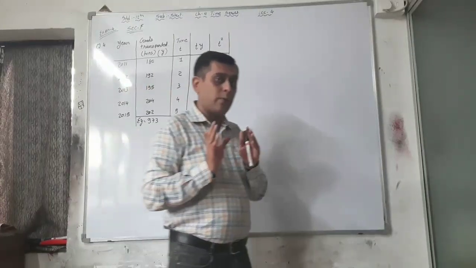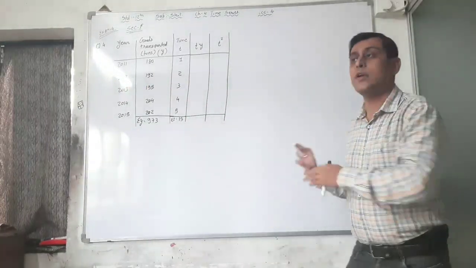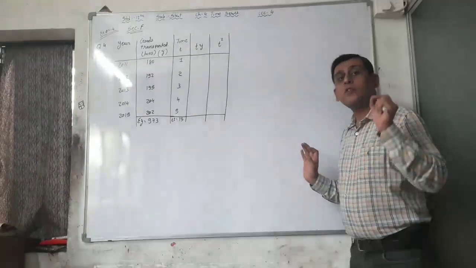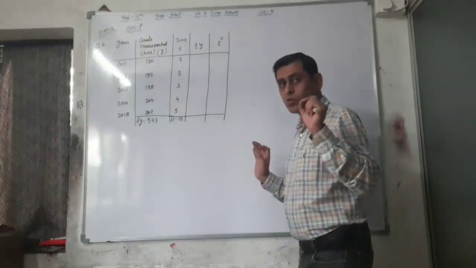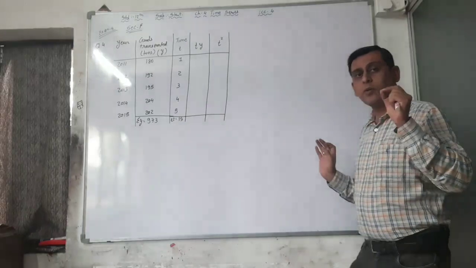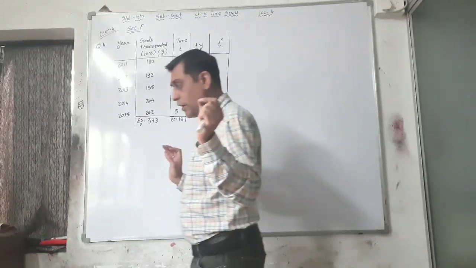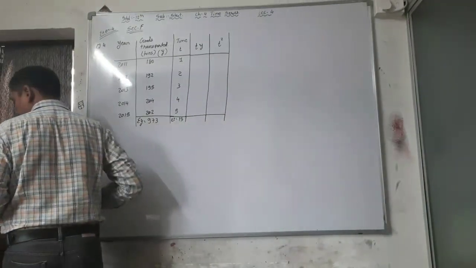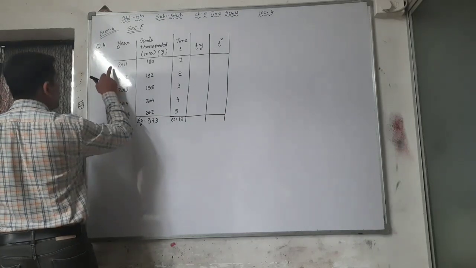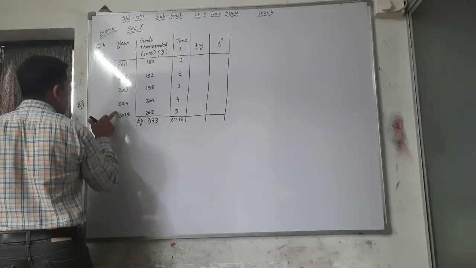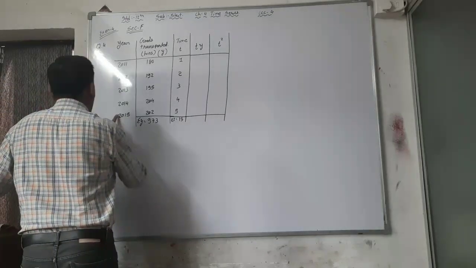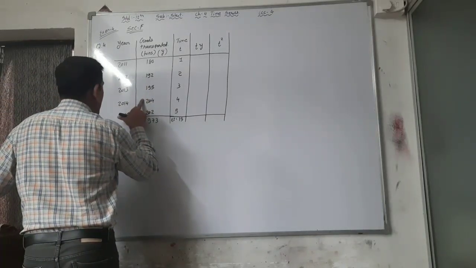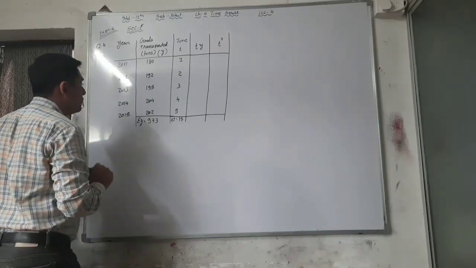So the practical part of this question we are doing right now, and the graphical part we are doing in our regular lecture. So after this question, leave a half page for the graph. Okay. Now read the question. Year is 2011, 12, 13, 14, 15. Goods transported in tons, that is your Y, 180, 192, 195, 204 and 202.